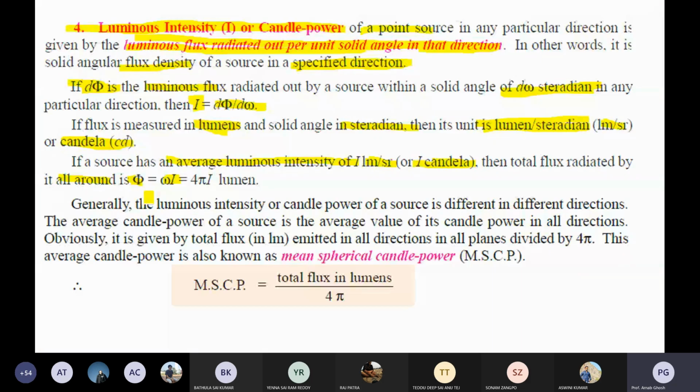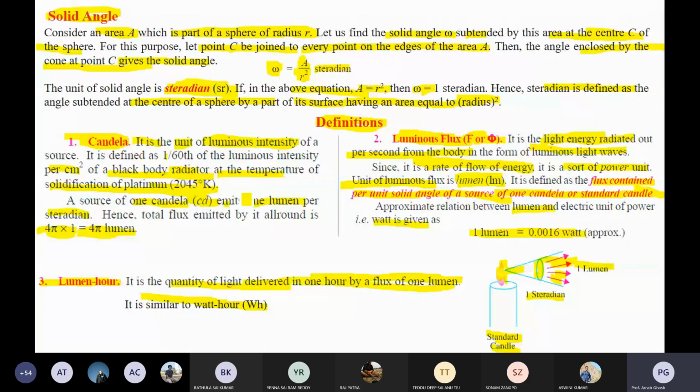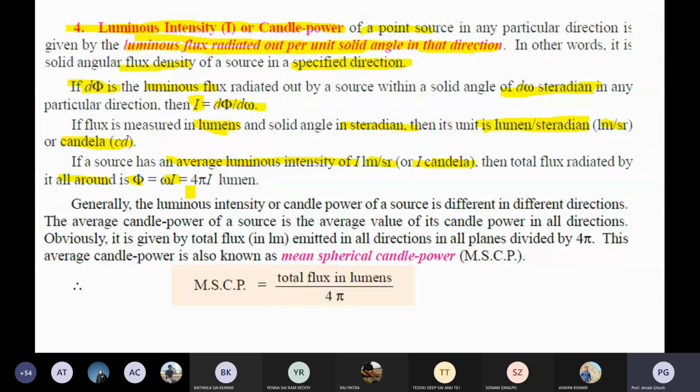Obviously it is given by the total flux in lumen emitted in all directions in all planes divided by 4 pi. So this average candle power is also known as mean spherical candle power.